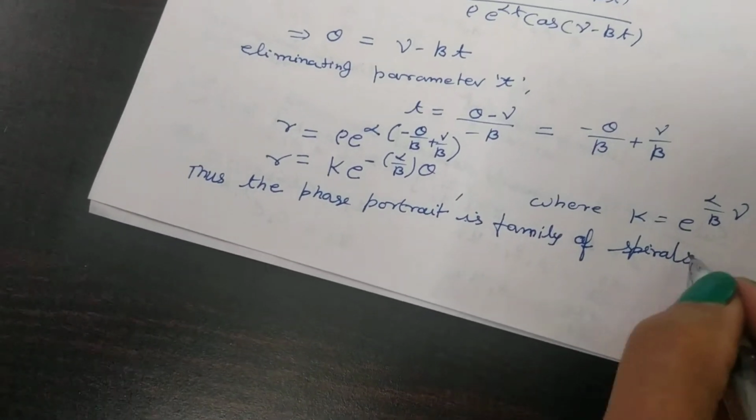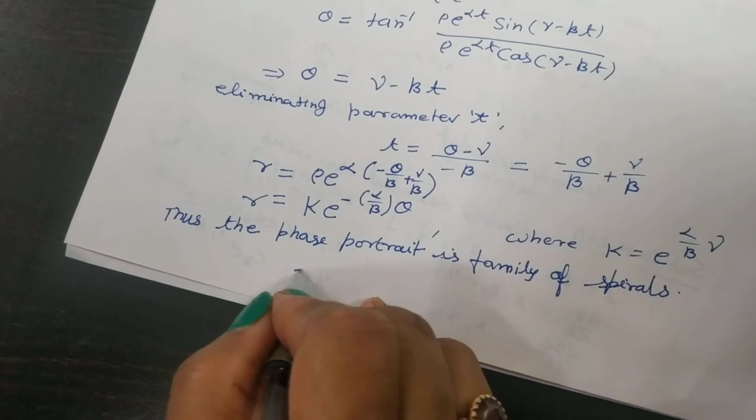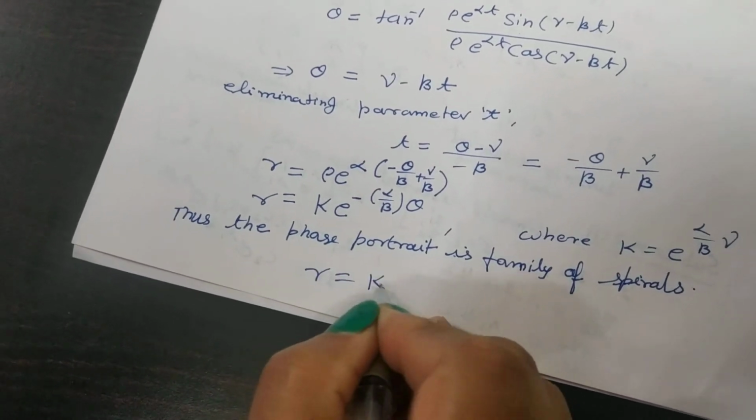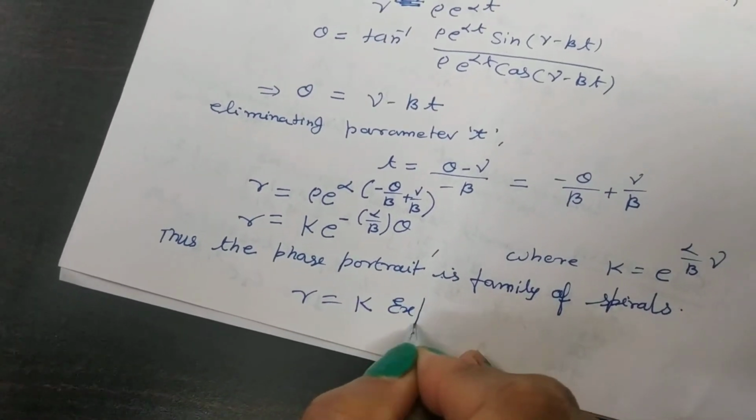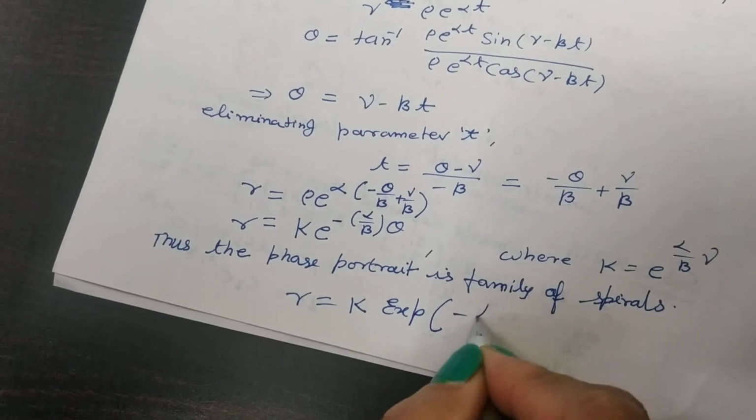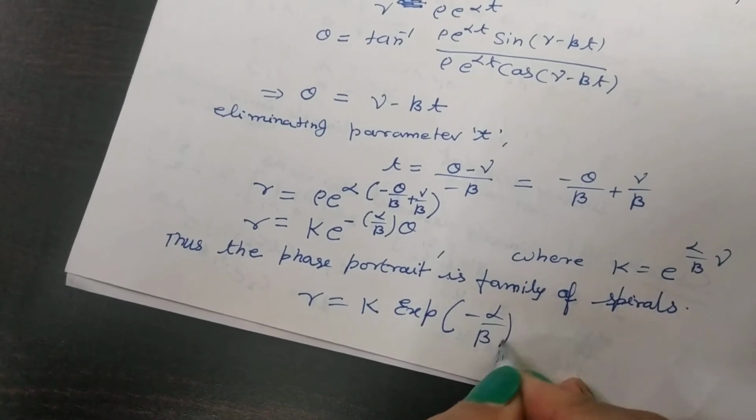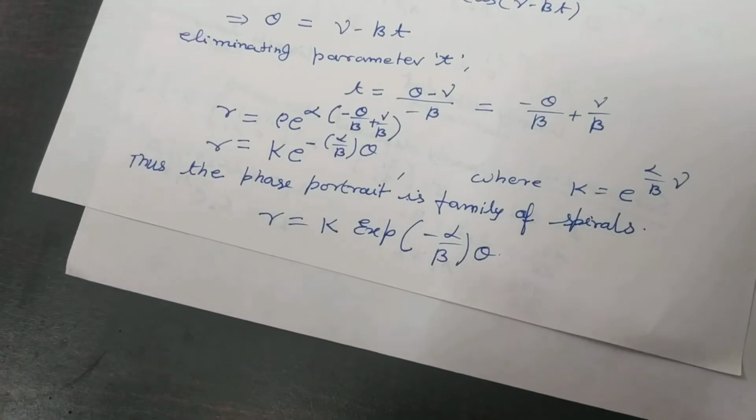That case can be written as r equals k exponential of minus alpha by beta theta.